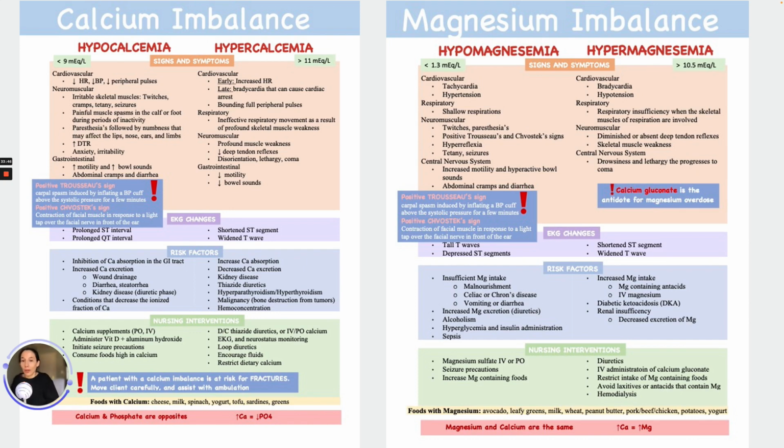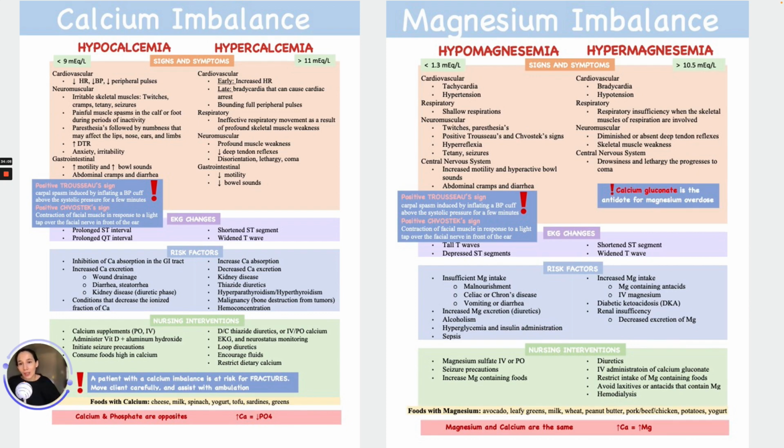One of the ways I like to remember calcium and magnesium is that they are the same. The signs and symptoms for hypocalcemia are going to be pretty much the same as for hypomagnesemia, and the same for hypercalcemia and hypermagnesemia.